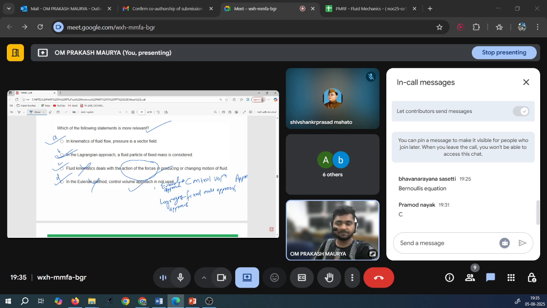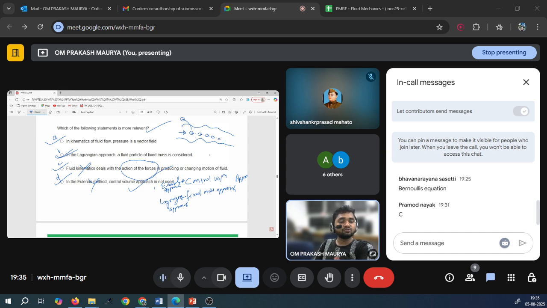Let us discuss first. Let us suppose you have a river, and water is flowing in this direction. You want to measure the velocity of the fluid. So you have an instrument, and you just throw the instrument in the river, and your instrument is moving with the same fluid particle.